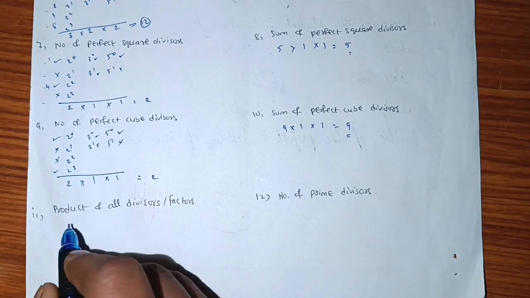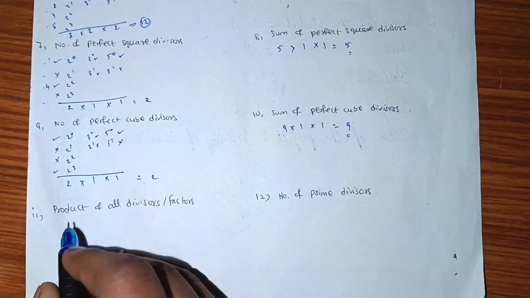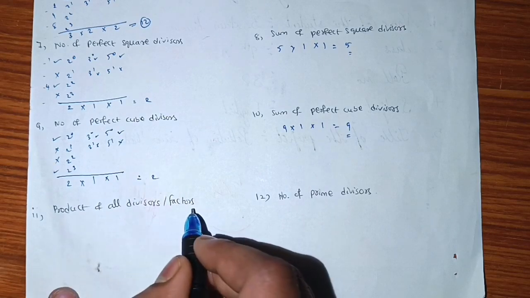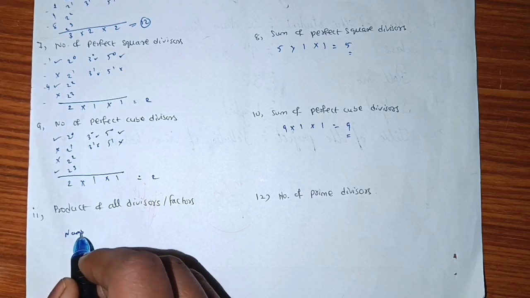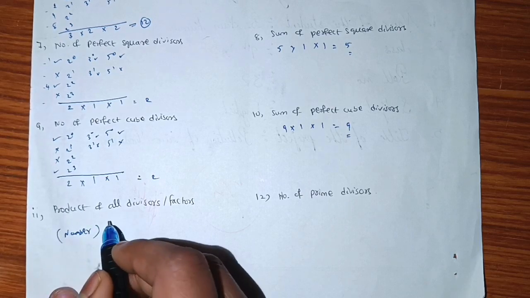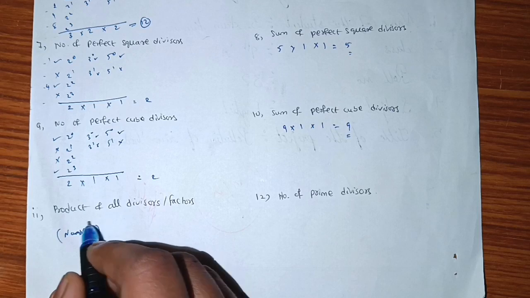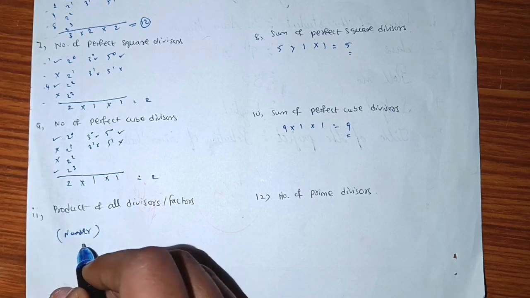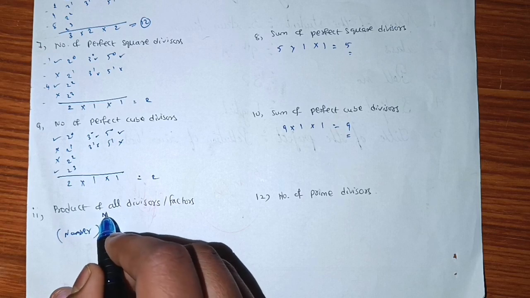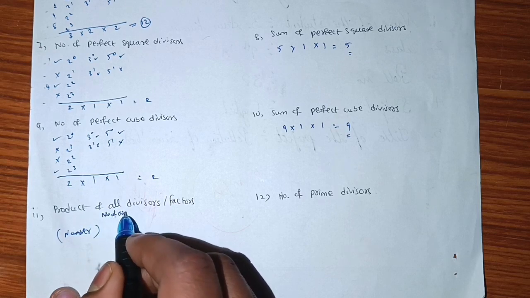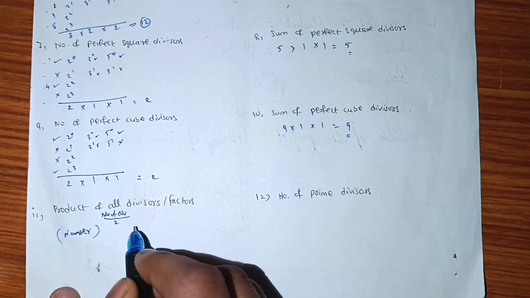I will show you a trick: if any number is given, like our number is 120, apply this formula: the number to the power of the number of divisors by 2.